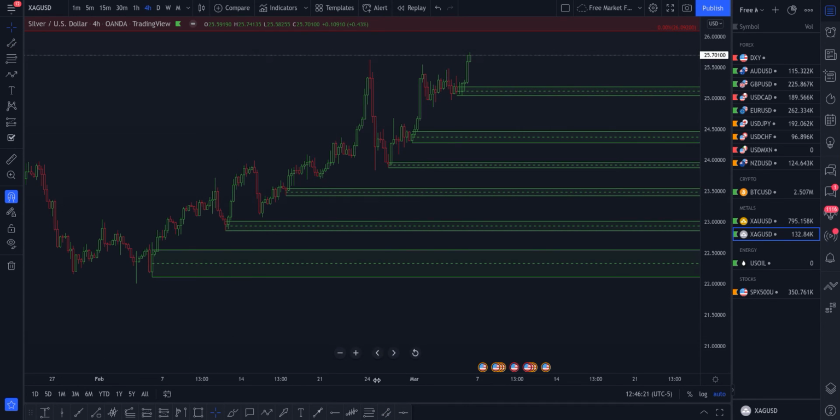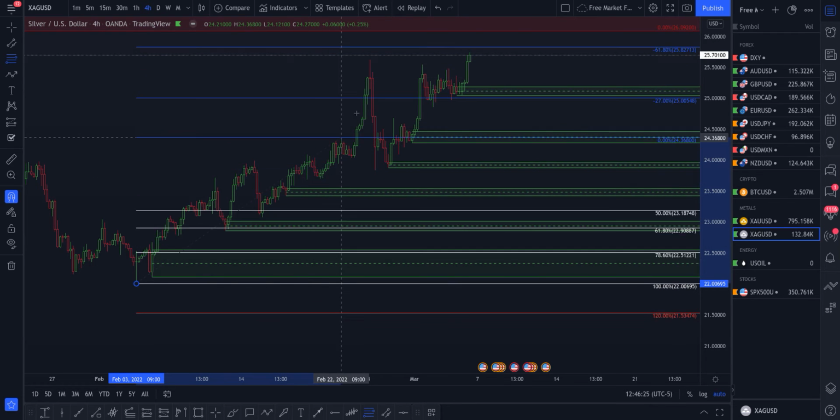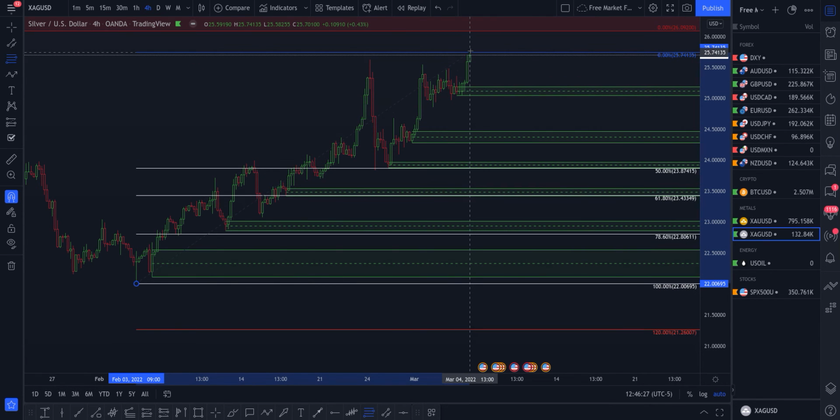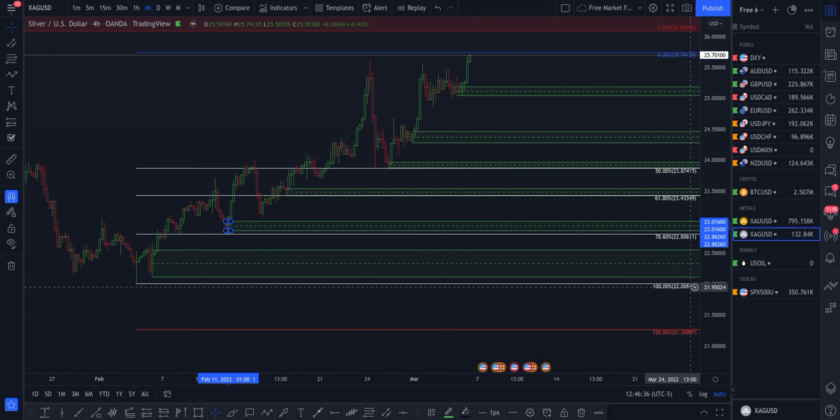So even if we take this low to, maybe if this is going to be the high, maybe seeing silver come into the 23.016 zoned area or area of interest.